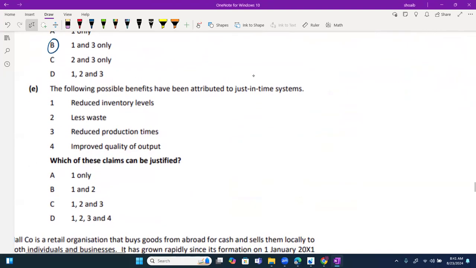The following possible benefits have been attributed to just in time. Yeah, this is the typical question. Reduce inventory level, less waste, reduce production time, improved quality of output. Reduced inventory level is understandable, this is correct. How can there be less waste, reduced production time, improved quality of output? Because the company will follow TQM, total quality management. All are correct.